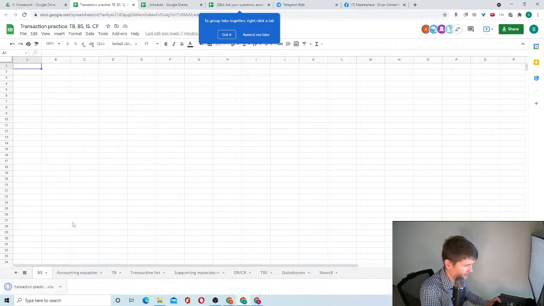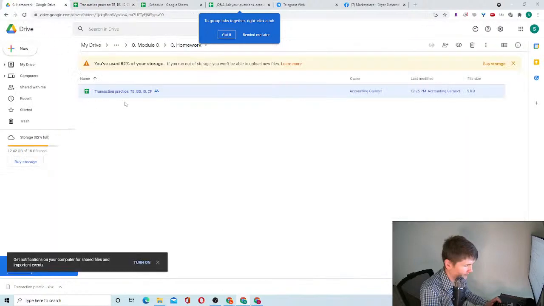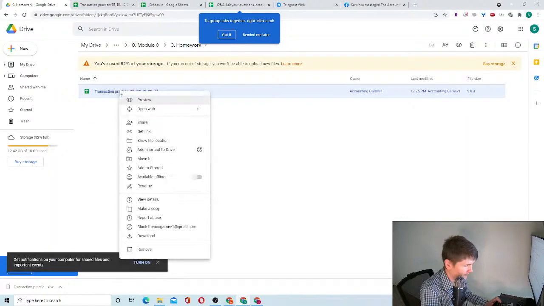If you have the Excel app, which I don't have on this computer, you can download an Excel file. That way I'm showing you how you can download the document to do your individual homework.